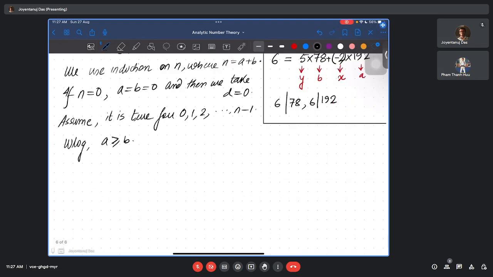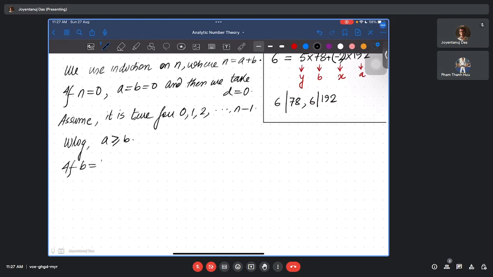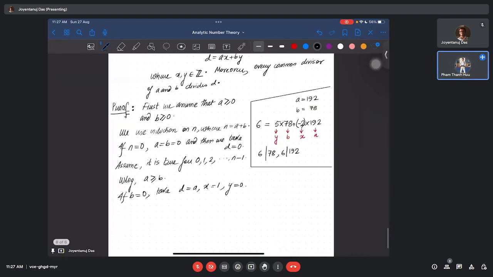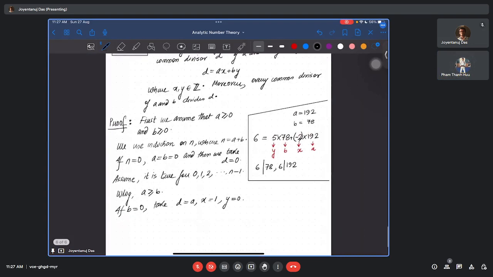Now, suppose B is 0, then we take D to be A and X to be 1 and Y to be 0, right? We're done. B is 0, there is not a problem.